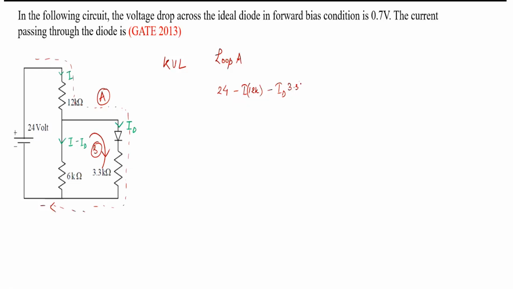What about the voltage drop across the diode? Will you not consider that one? Because here it is given 0.7 volt in forward bias condition. Minus 0.7 volt. Yes, good. Then this is equal to 0. Now, can another person say for loop B?